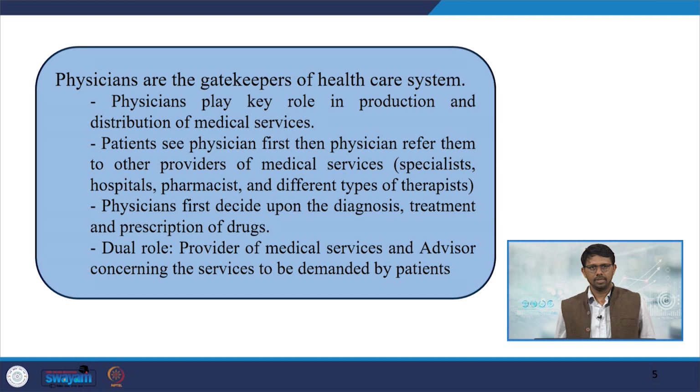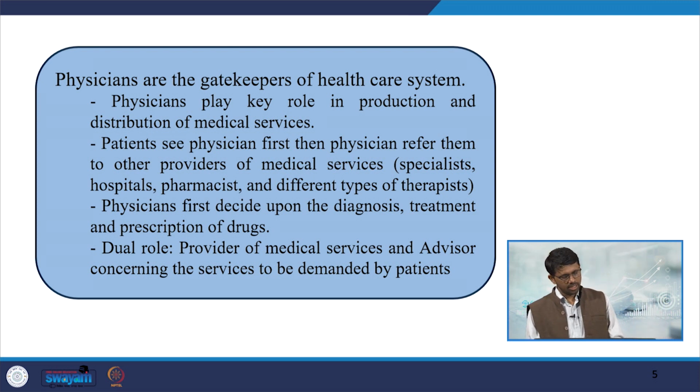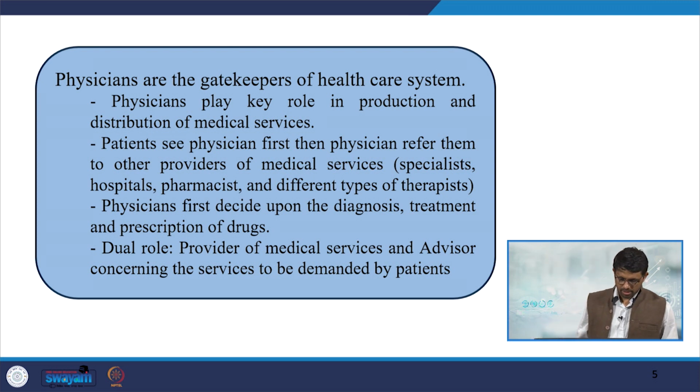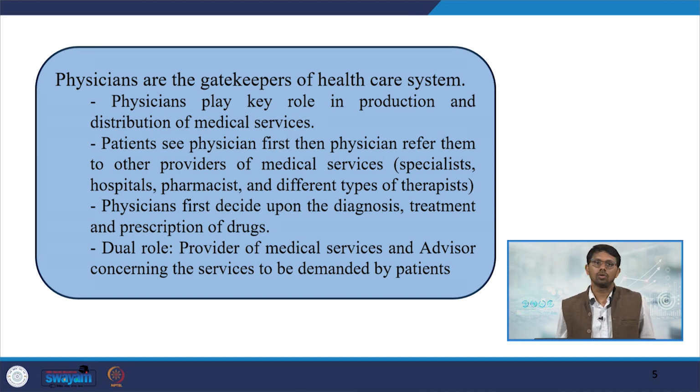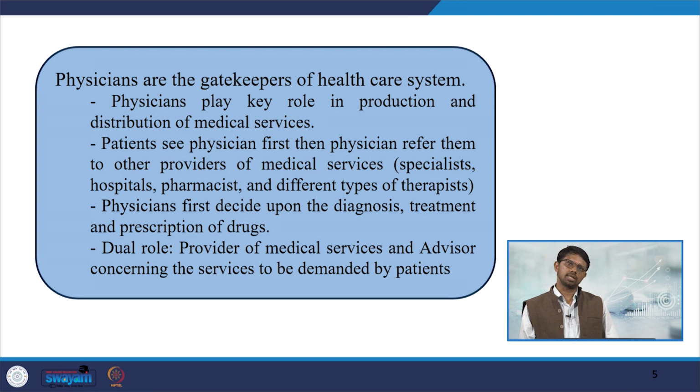Patients see the physician first, then the physician refers them to other providers of medical services such as specialists, hospitals, pharmacists, different types of therapies, etc. The physicians indeed decide first on diagnosis, treatment and prescribing drugs, etc.